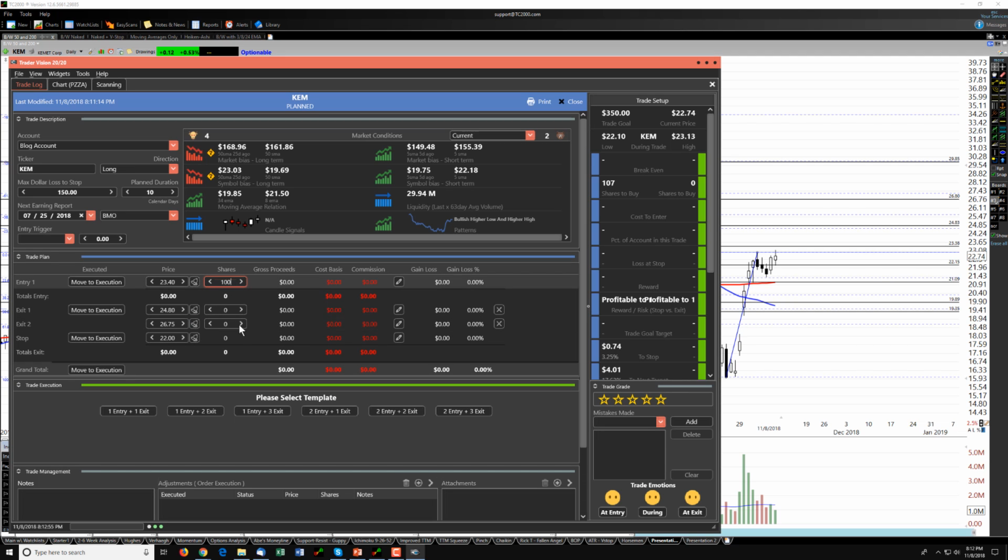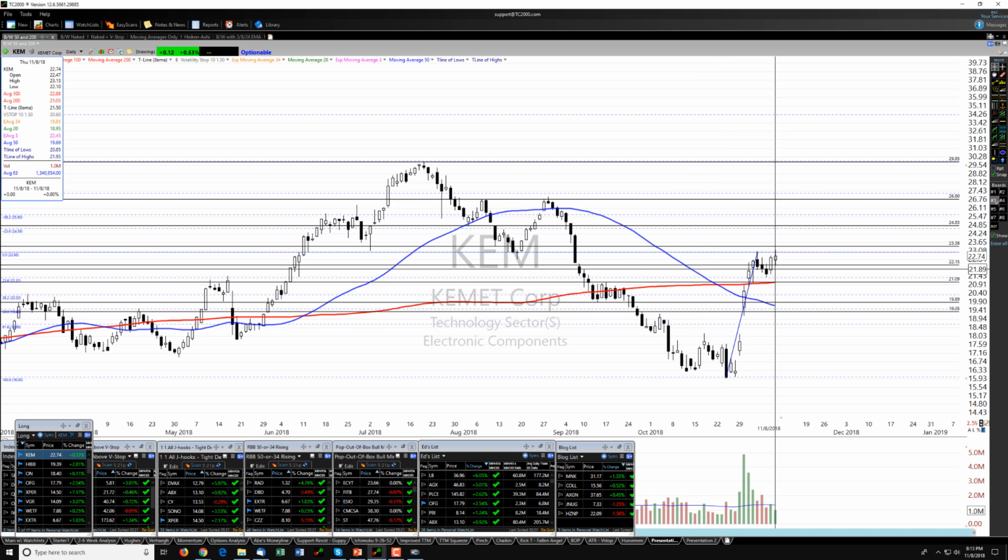Let's just try 100 shares so we have a number to work with here. We sell half at that first target. Wow, 1-to-1. We're going to have to move the stop up on this thing to make it work. 2060. That doesn't seem right.